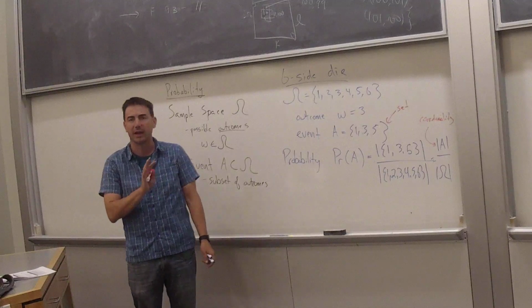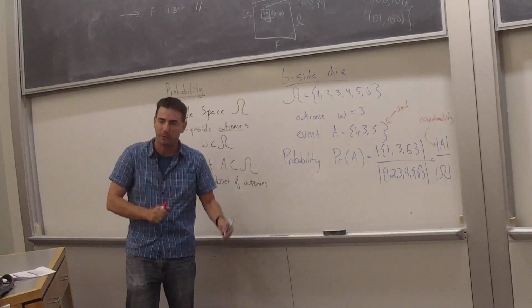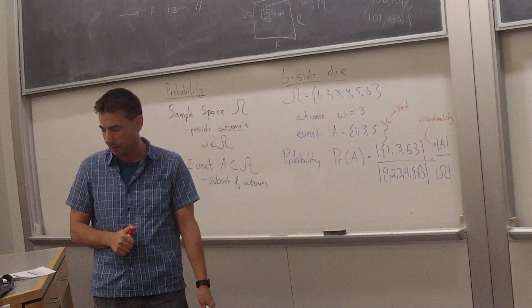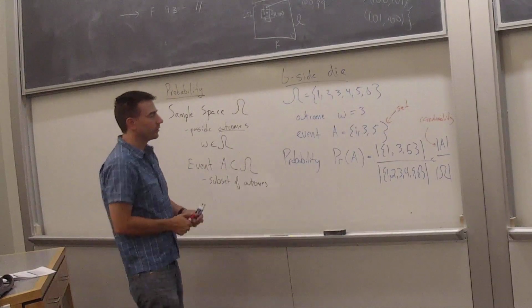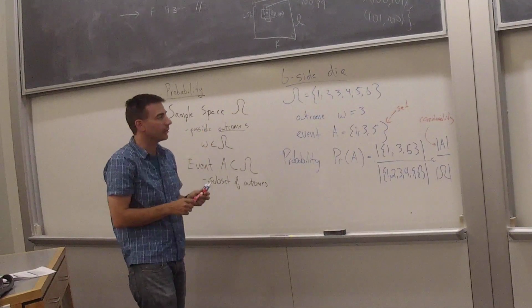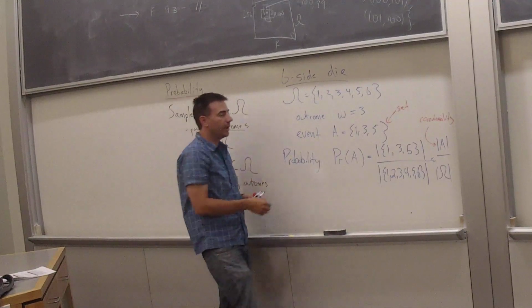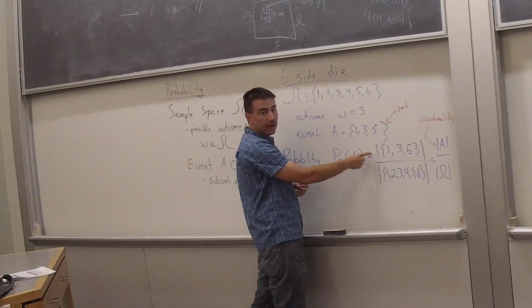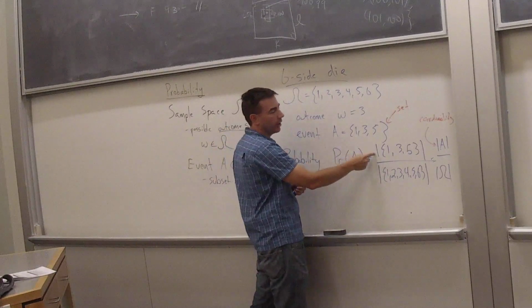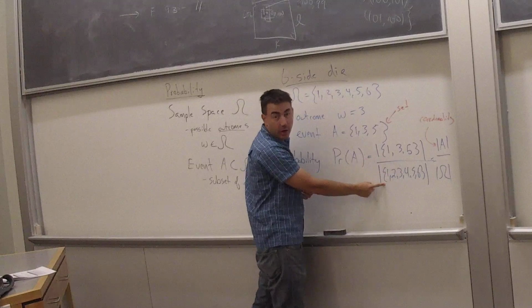Sometimes that can be generalized to continuous sets as well, but might use a different notation. So if these are equally likely outcomes, I can calculate the probability as the fraction of times that I roll and achieve one of the outcomes in the event versus all of the outcomes.